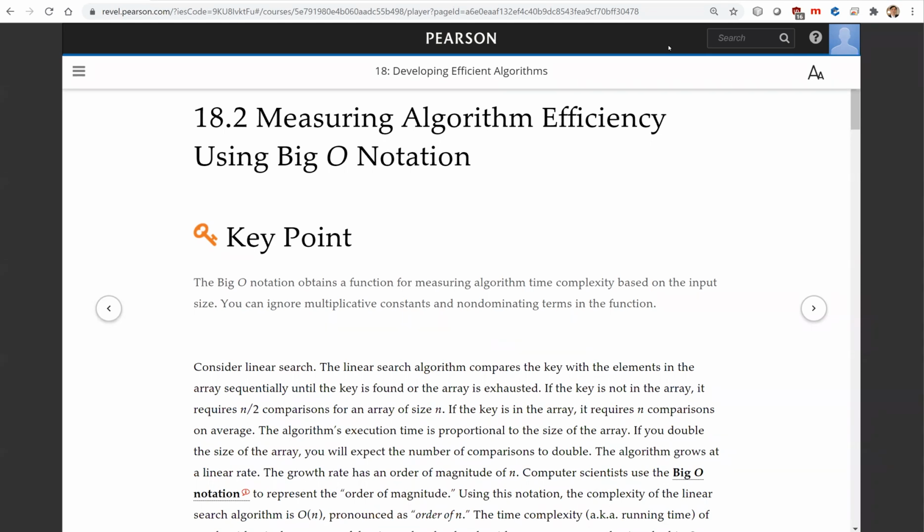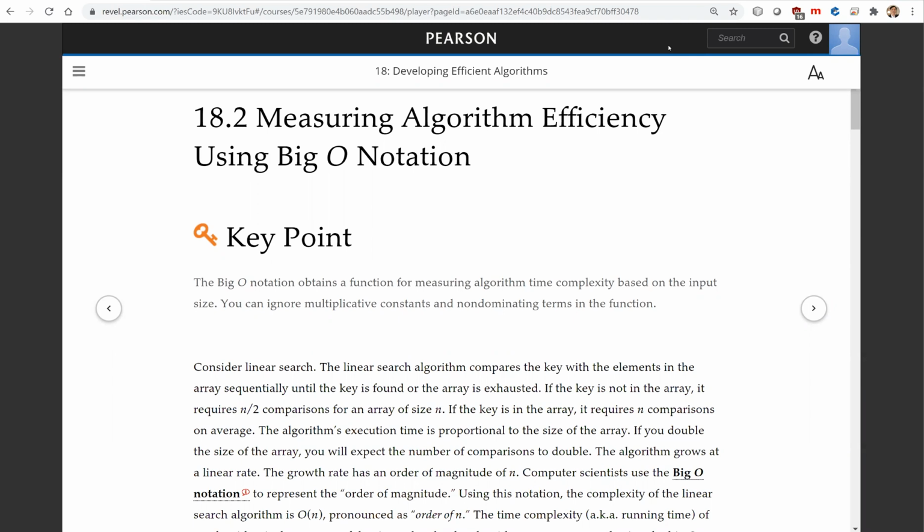Consider linear search. The linear search algorithm compares the key with the elements in the array sequentially until the key is found or the array is exhausted. If the key is not in the array, it requires n comparisons for an array of size n.